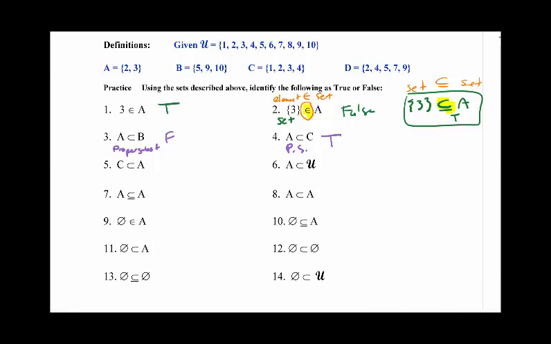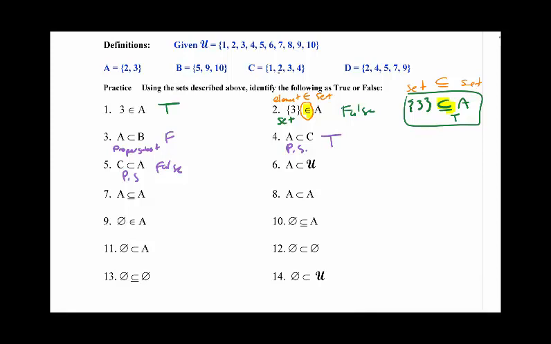So looking at number 5, this is saying C is a proper subset of A. That means everything in C has to be in A. C has more members. It doesn't even matter any further than that. My answer is false, because 1 and 4 are not in there. And again, it actually has to be smaller than that piece.